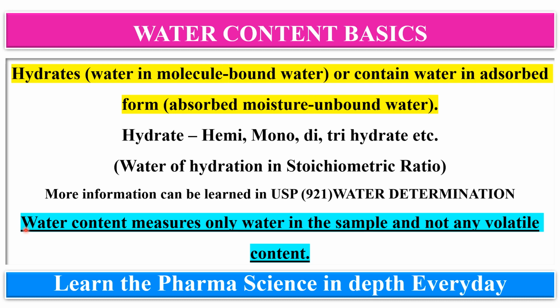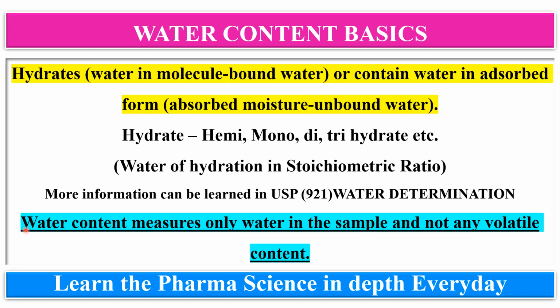For example, if you take an API which is a monohydrate, or an excipient like lactose monohydrate or dihydrate, you can calculate the water content from the molecular structure and molecular weight. That water is called water of hydration.